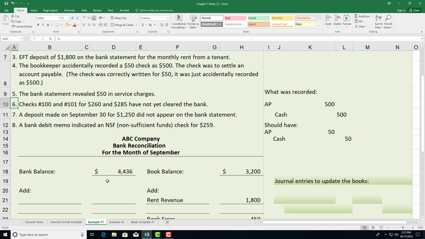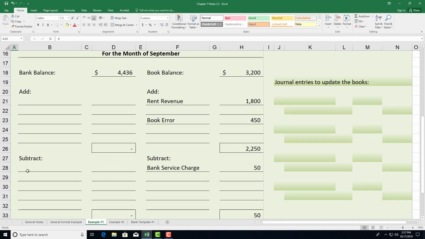So once the bank processes those checks they will be deducted from our account. So on the bank side, we need to subtract outstanding checks. And so we have check number 100 for $260 and check 101 for $285.